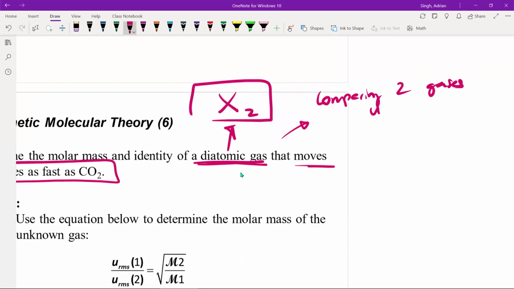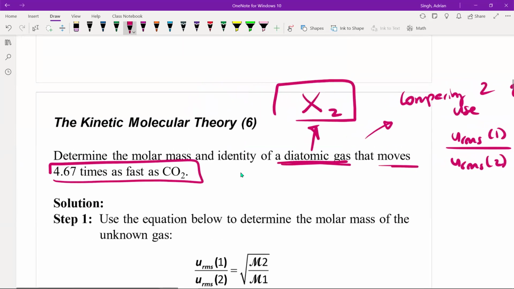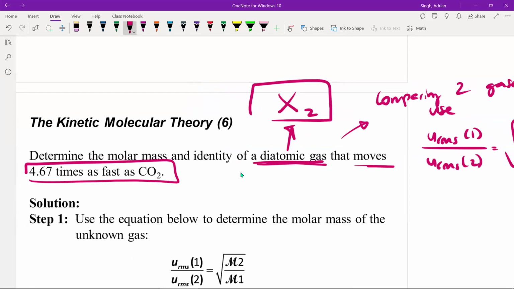We can use the equation we talked about previously, where the root mean square speed of gas 1 divided by the root mean square speed of gas 2 is simply equal to the square root of the molar mass of gas 2 divided by the molar mass of gas 1. We're told that the comparison is that gas 1 moves 4.67 times as fast as gas 2.